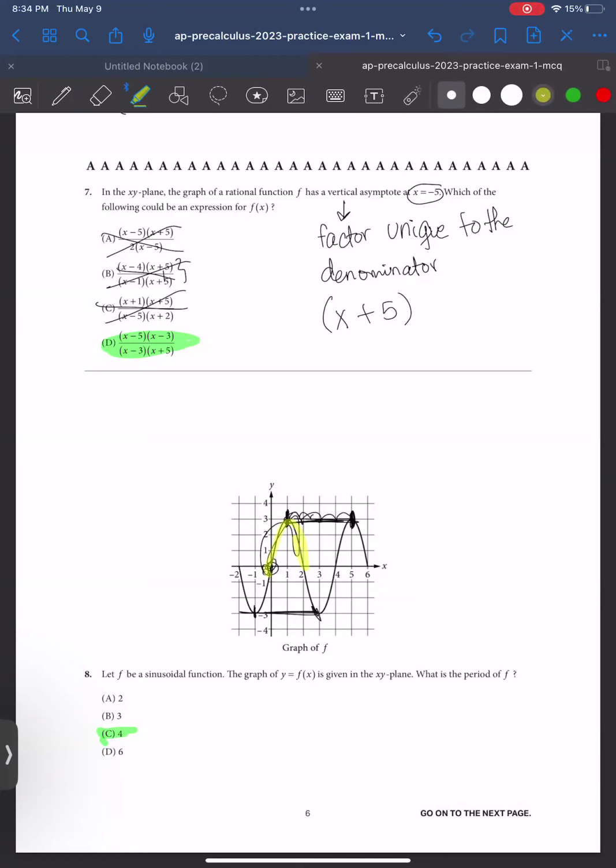What is that? That's a maximum. No, the distance between x equals 0 and x equals 2. What would that be called? It's nothing. It's just not a thing. It's just a distance. It's not the full graph. You have to remember a cycle is from a maximum to a maximum or a minimum to a minimum. This is just a loop.